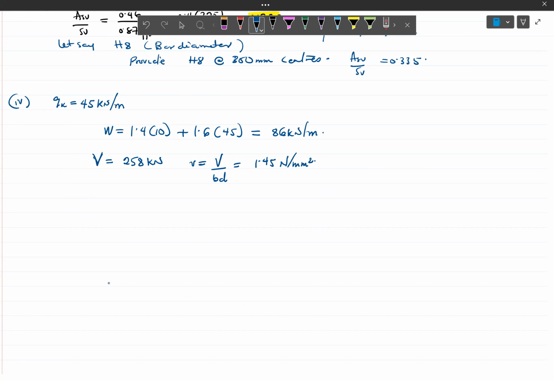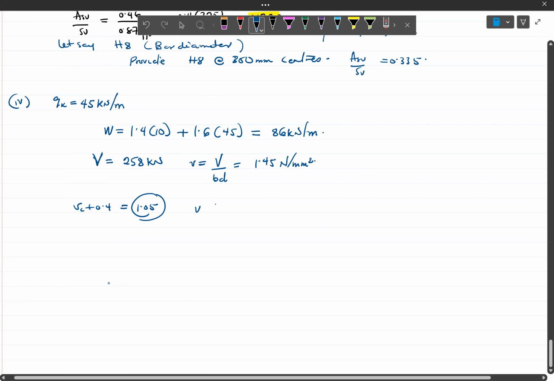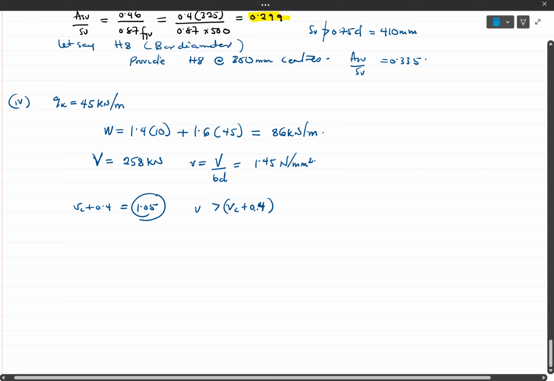So let's compare this. Our VC plus 0.4 gave us 1.05, which means that our V is more than VC plus 0.4. Once V is more than VC plus 0.4, we need to check that our V is not exceeding either 5 newtons per millimeter squared or 0.8 square root of FCU.